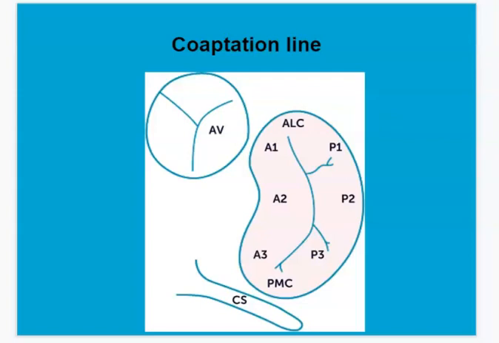Then the leaflets are broken down into sub-leaflets, so to speak, where you have A1, P1, A2, P2, A3, P3, and so on and so forth. And we're going to look at how, by echo, in the imaging that we take, we actually demonstrate to the reader which valve leaflets are potentially more affected than the other.